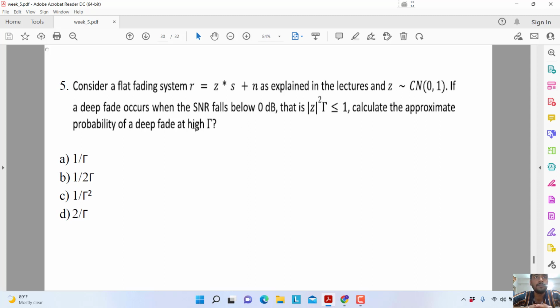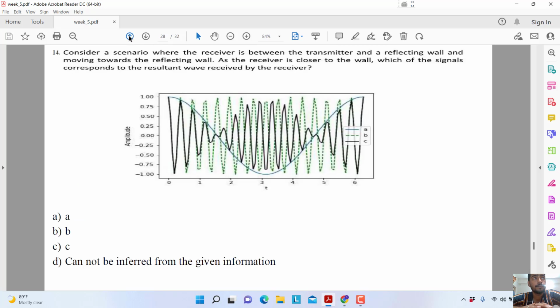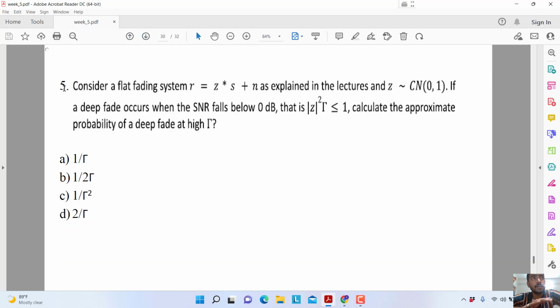A deep fade occurs when the SNR falls below 0 dB, that is, Z square gamma less than 1. Gamma is the SNR.